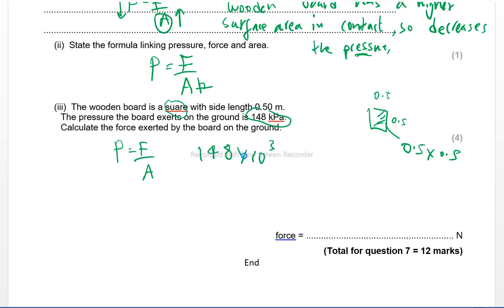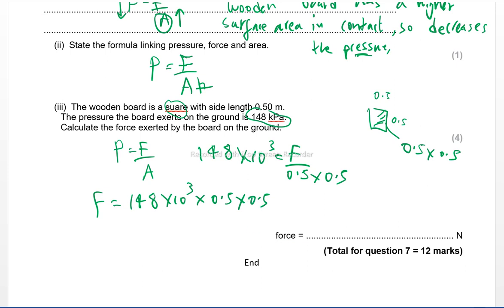The reason we multiply by 10 to the power 3 is to convert kilopascals to pascals, right? Force is unknown. Area is 0.5 into 0.5. So I can write the answer as F is equal to 148 into 10 to the power 3 multiplied by 0.5 into 0.5. We'll try to get the answer.